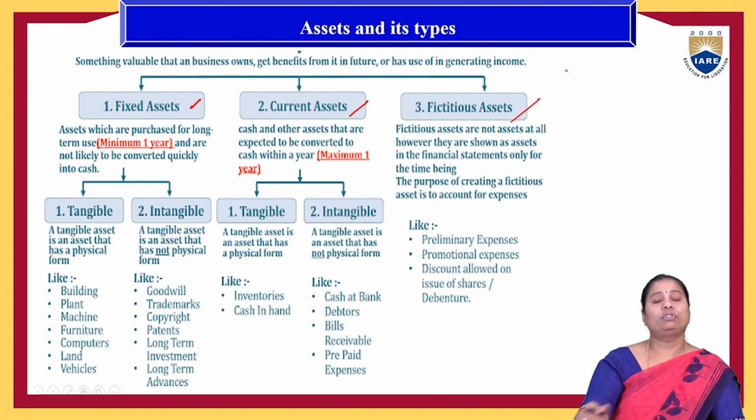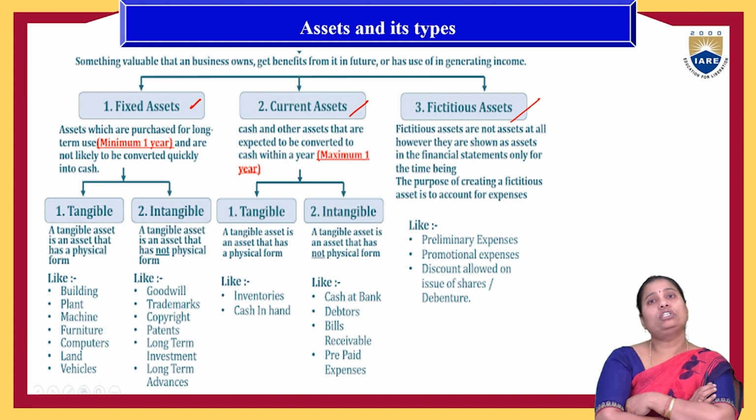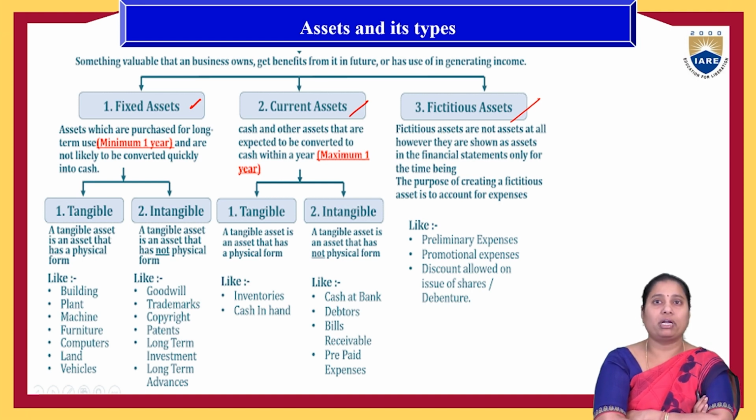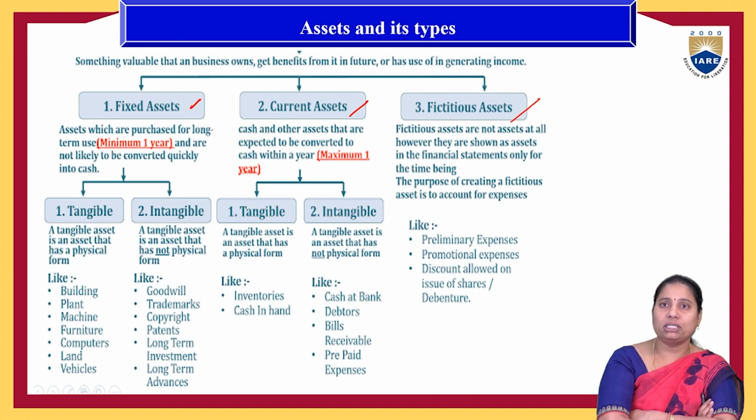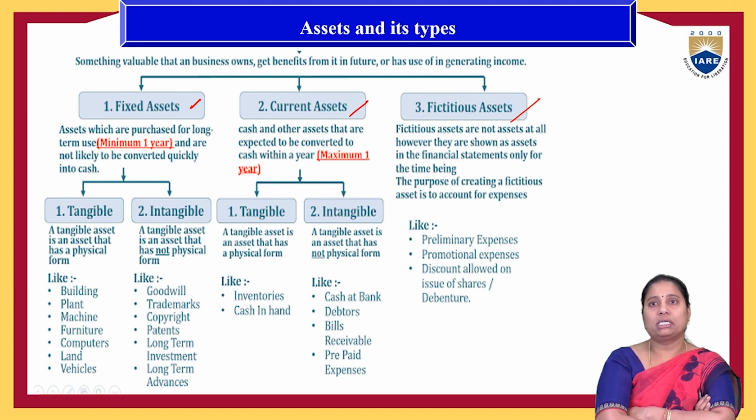The assets purchased for long-term usage, minimum 1 year, and not likely to be converted quickly into cash are called fixed assets. The assets expected to convert into cash within a year, not more than 1 year, are called current assets.